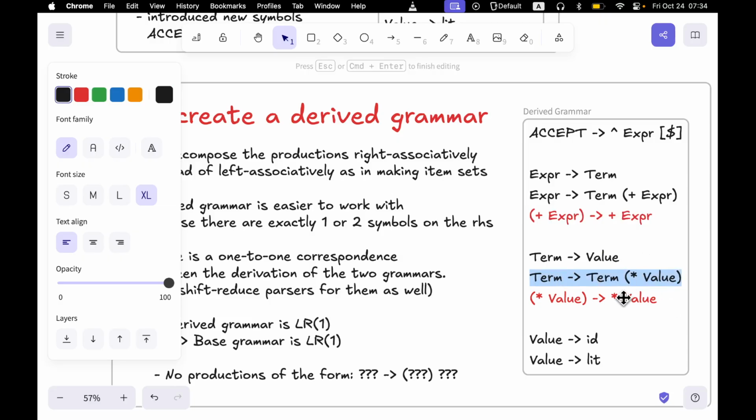That's a sequence of 3 symbols. We decompose it into two rules that produce two symbols each. Term produces term and parenthesized times value. Parenthesized times value produces times and value.